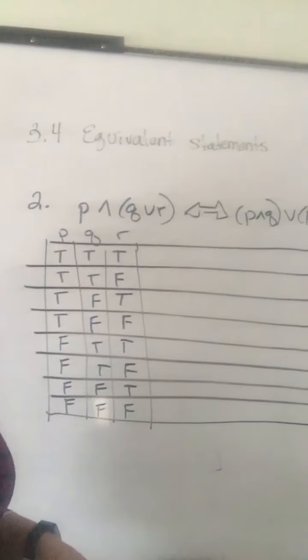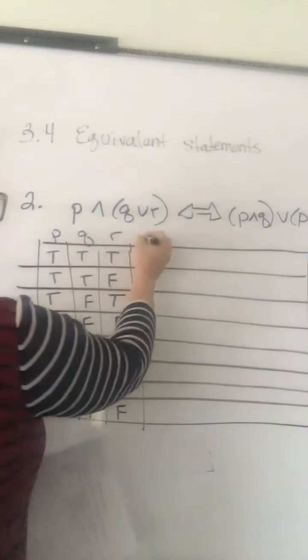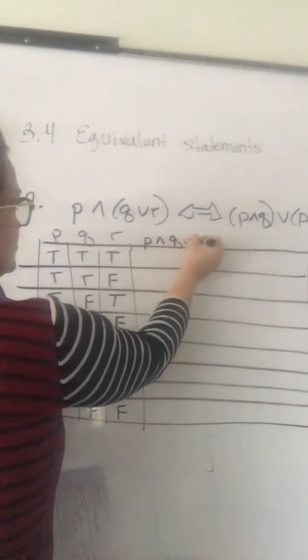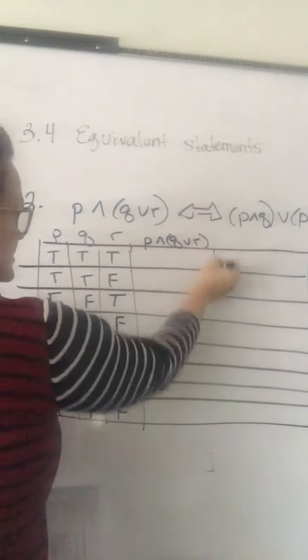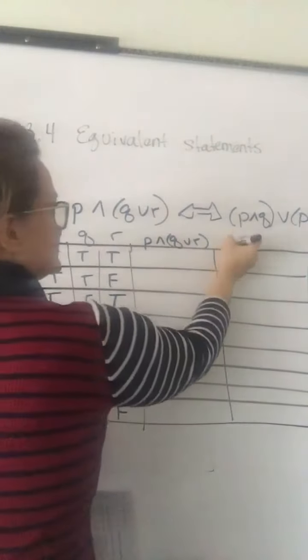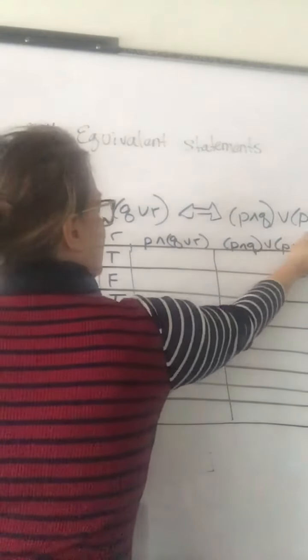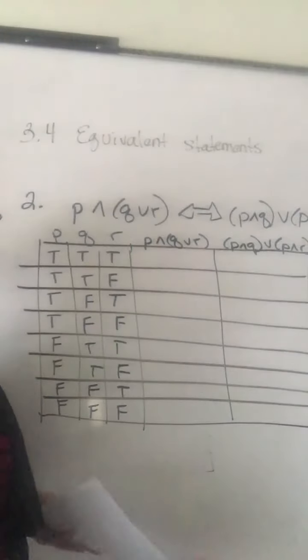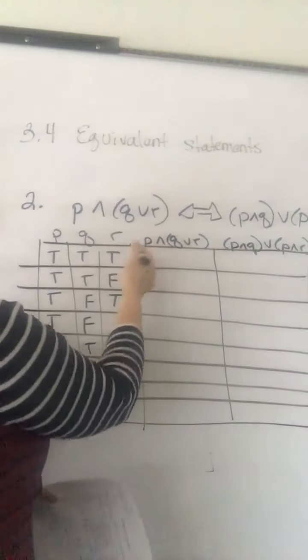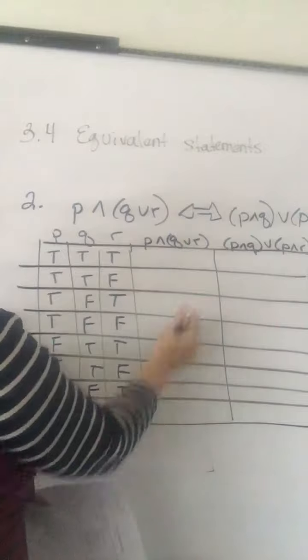Then we're going to do the 2 problems. The P and (Q or R) is one of our problems. Get the final answer to that. Then we'll do this other one, (P and Q) or (P and R), and see if they have the same final answer. So remember, when we do these, you can just look over here, or you can write it down here as well.